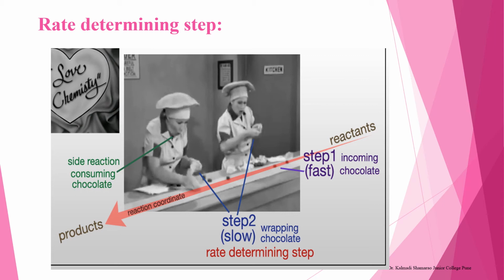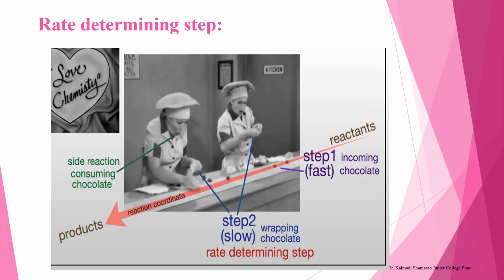Now from here, there are three steps actually involved. Step 1, incoming chocolates, which is acting as a reactant. Step 2, wrapping of the chocolate, the process, and along with it, the side reaction which is going on is consuming chocolate. And finally, the products, wrapped chocolates, are being formed.